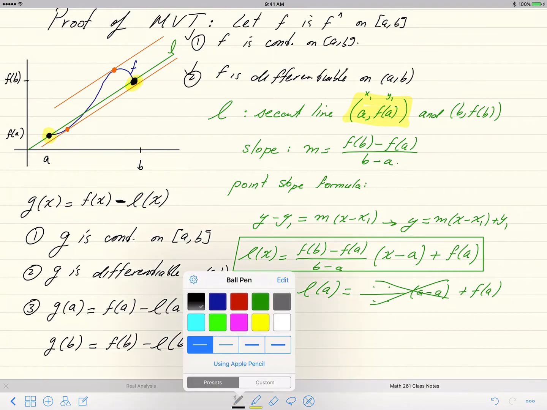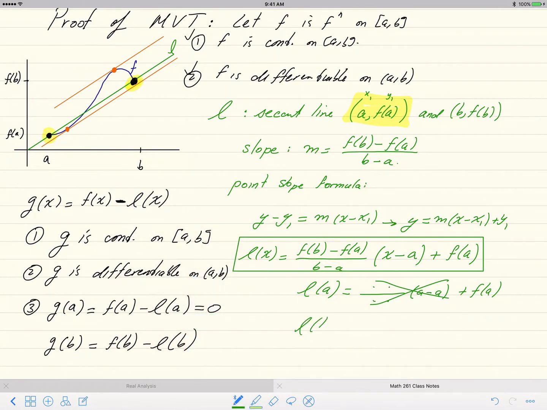And if you plug it into the equation, L of b would be, here's the slope, times x minus a plus f of a.